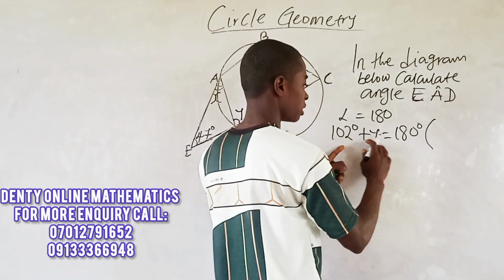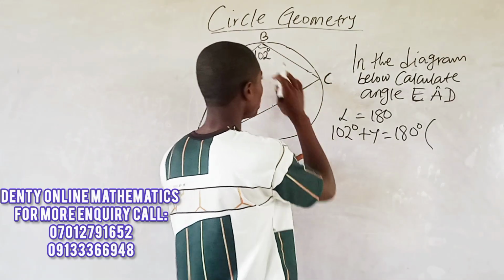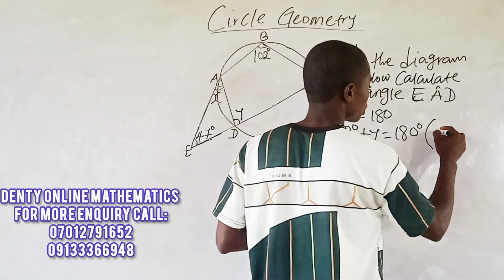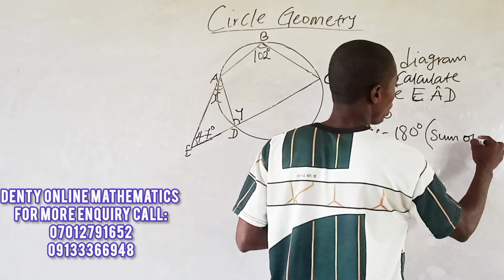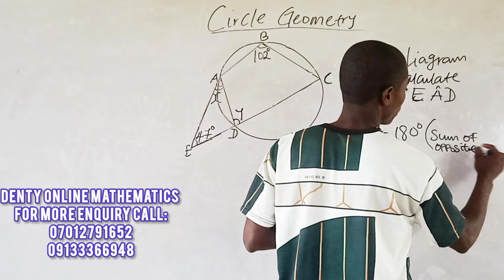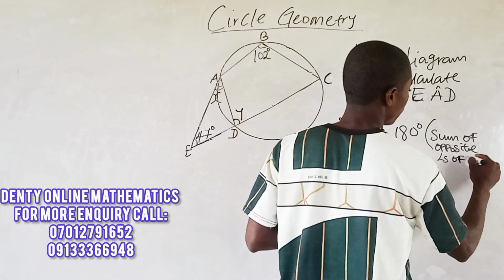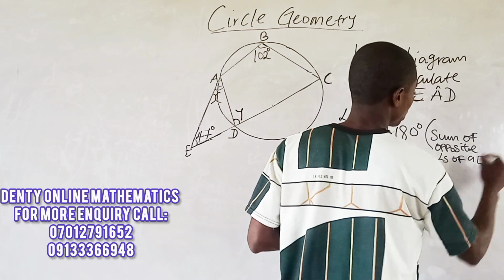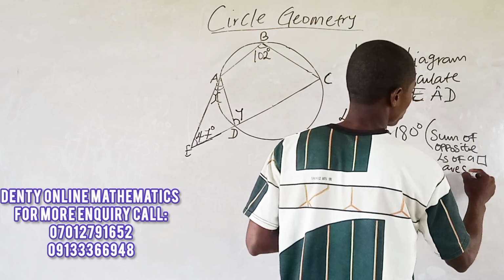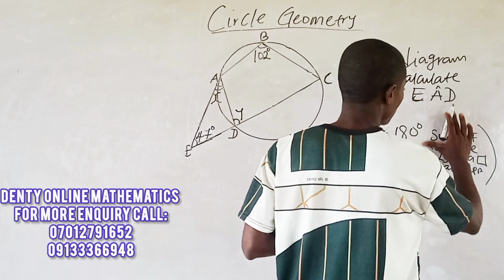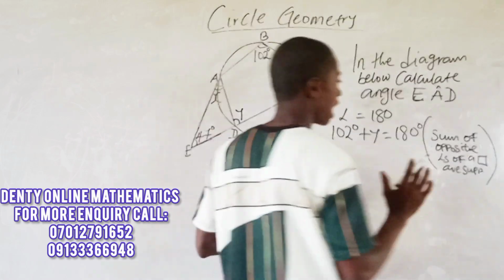When you put a statement like this, 102 degrees plus y is equal to 180, you always tell us the reason: sum of opposite angles of a cyclic quadrilateral are supplementary. Always remember this, so you can have your homework.